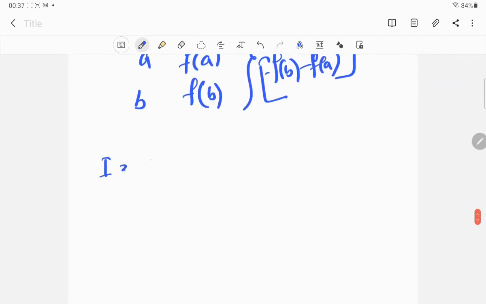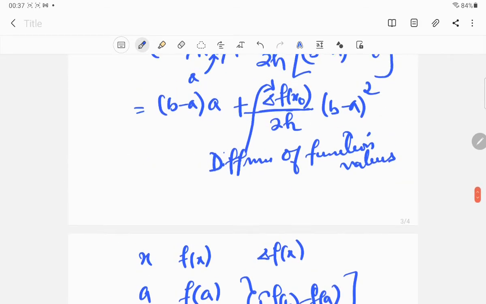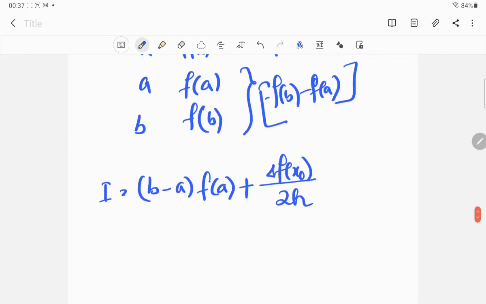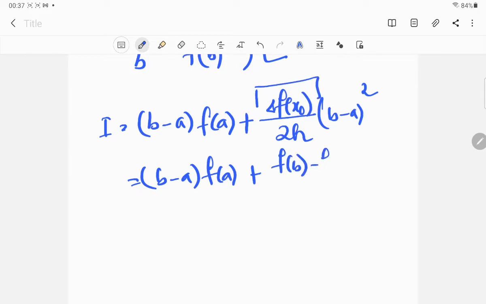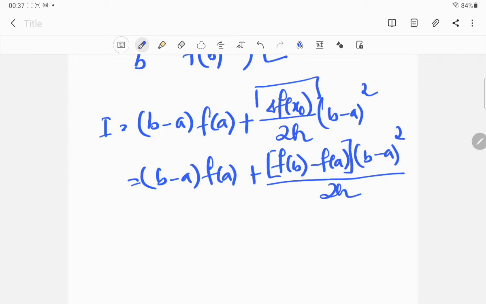So let me do it again. So I is equal to (b minus a) f(a) plus del f(x0) by twice h, (b minus a) whole square. So this thing is nothing but (f(b) minus f(a)) (b minus a) whole square by twice h.